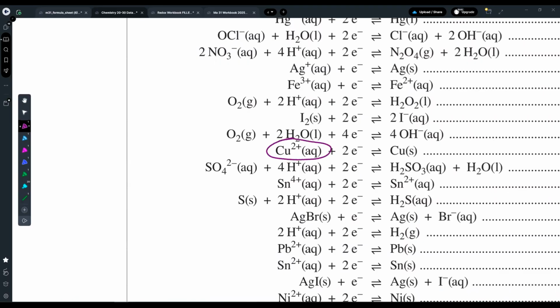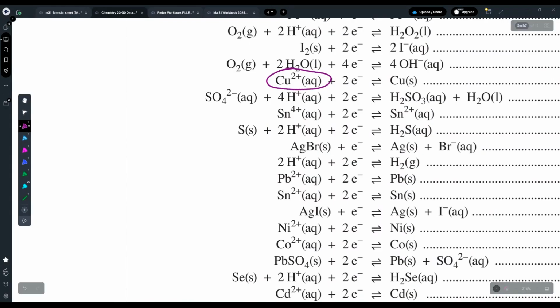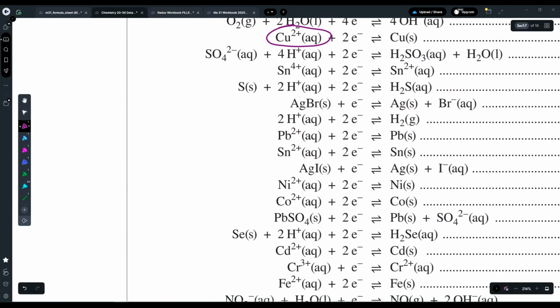Oh, but I do have copper 2+. Now I have sulfate ions, but I don't have hydrogen ions, so I can't use this reaction right here. What else do I have?